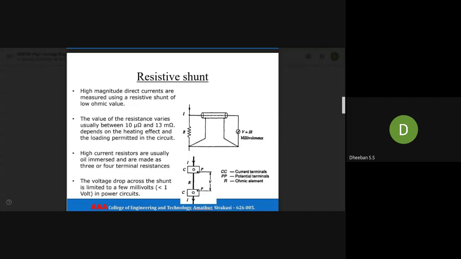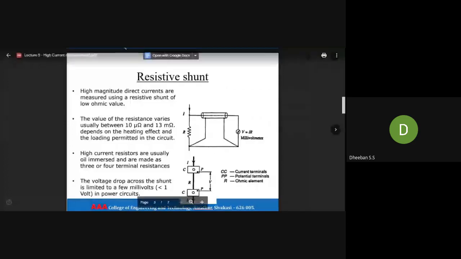If the resistance value is minimum in the circuit, the power flow or the current flow will not be affected. For that reason, we will be taking the resistance value to be a minimum.